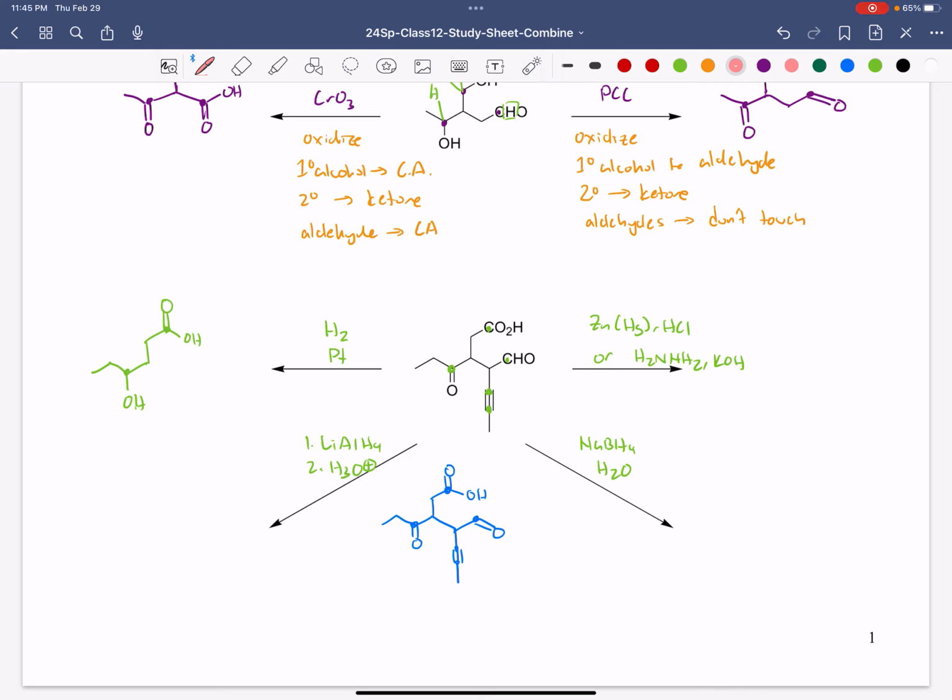Maybe I could circle it here. Only the LiAlH4 reagent can reduce that carboxyl group. And so that tells me that this group will stay for this reaction and for this reaction. Okay, I think people are understanding this.